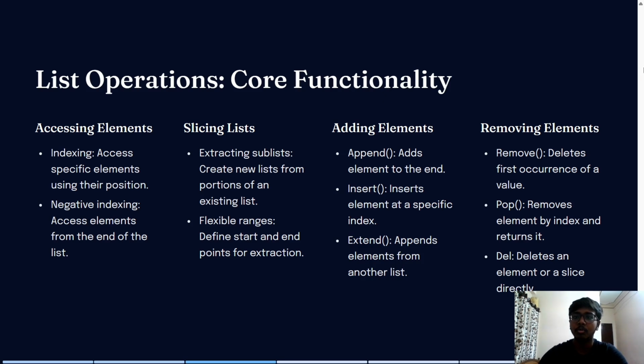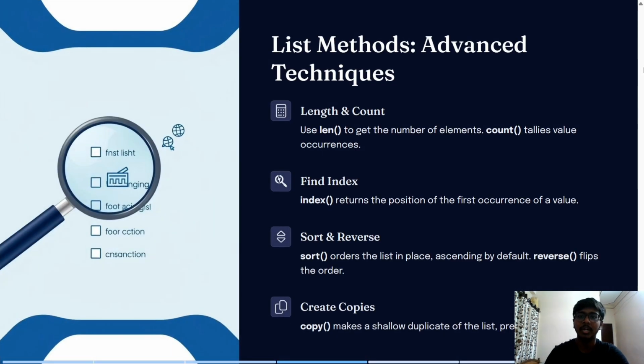Like if we want to remove the element present at the third index, we use the pop method and mention 3, and the element will be removed from the list automatically. Here we also have del, which means the whole list will be deleted permanently.